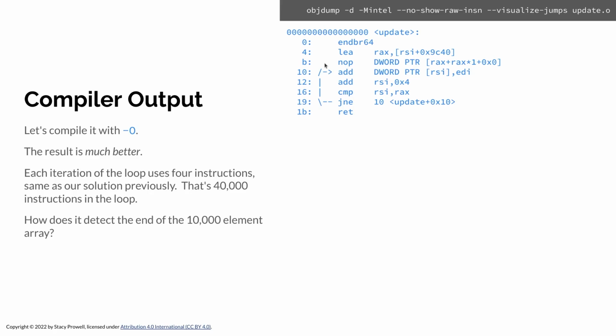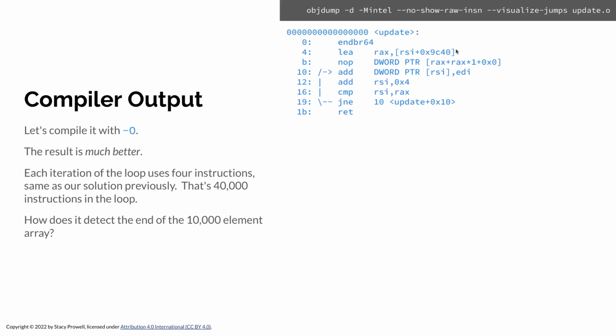Great. So we start out, we do this LEA right here, RAX, we do RSI plus this. Okay, what's going on here? Well, we know a couple of things about the stuff coming into us. We know that RDI holds the amount to increment. It's the first argument. And it's an int, so really it's just EDI. And RSI holds a pointer to the array.